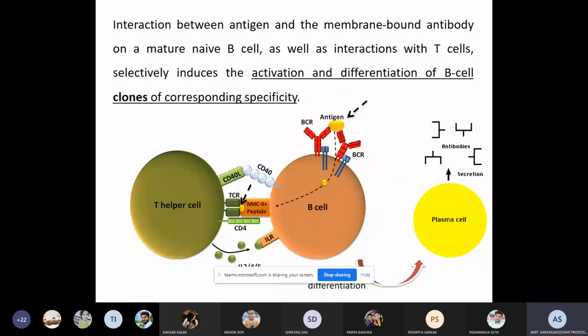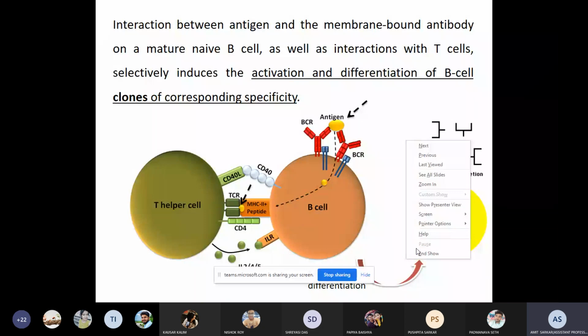Anyway, so this is the scheme: interaction between the antigen and the membrane-bound antibody on a mature but naive B cell, as well as interaction with the T cell, selectively induces the activation and differentiation of B cell clones of corresponding specificity. So here, in the last line, I'm yet to describe a bit about this clone thing or selective differentiation.